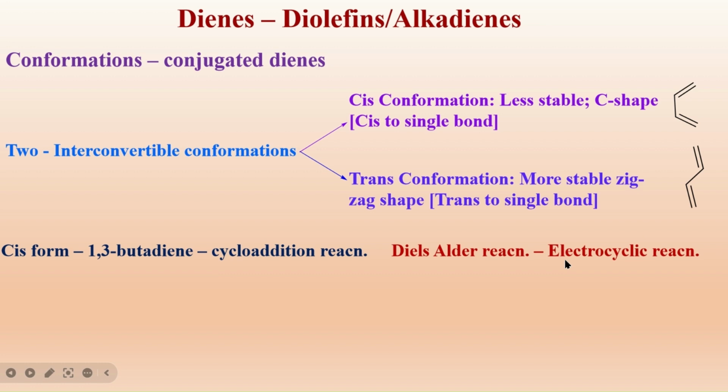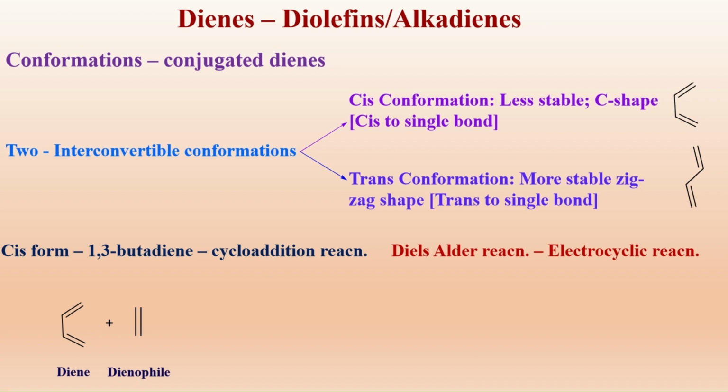That's why we call it an electrocyclic reaction. The Diels-Alder reaction is an electrocyclic reaction in which 1,3-butadiene reacts with ethene to give a cycloaddition product. I'll take 1,3-butadiene and an ethene, and here this butadiene is a representative of a diene, and this alkene is what you call the dienophile.